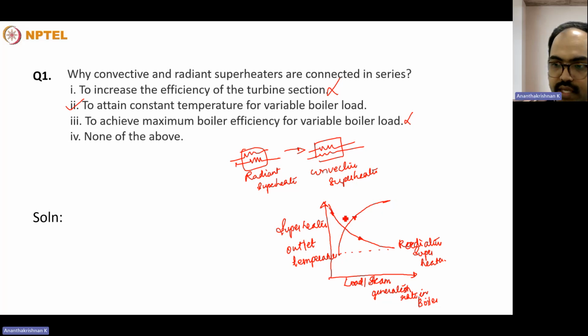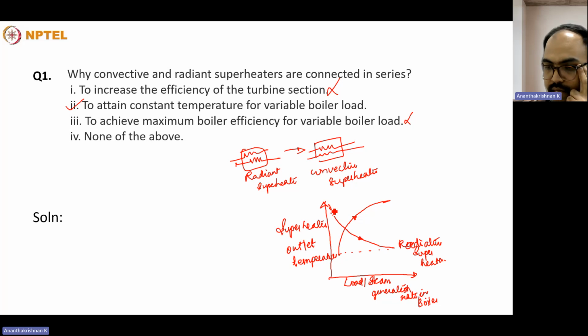So instead of using a single one, we use both of them combined so that we can get better regulation of the temperature. We can get a better steam outlet temperature out of the superheater when we use them both combined.